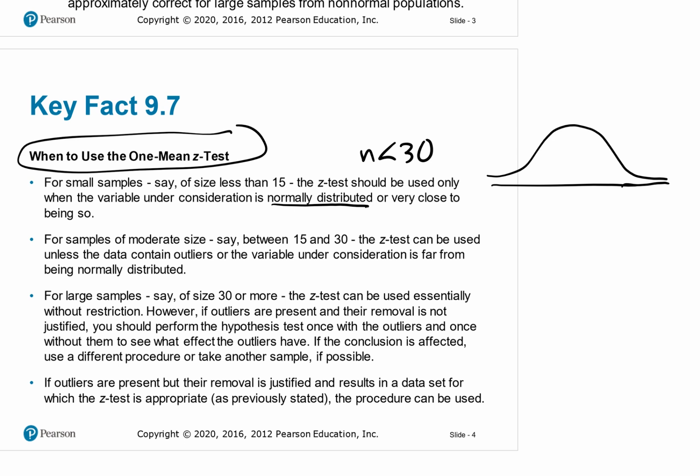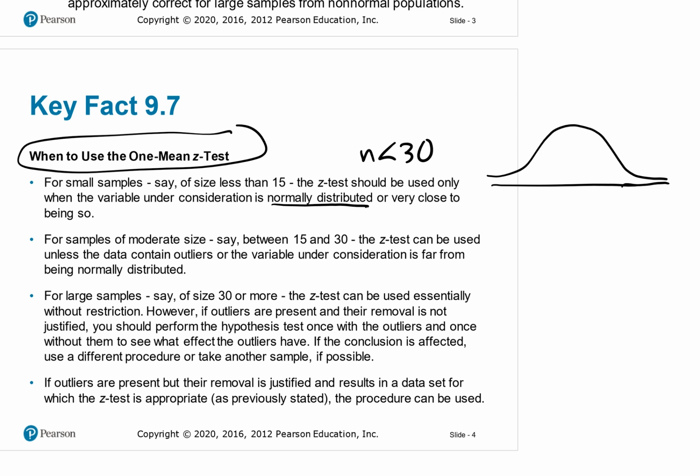However, if outliers are present and their removal is not justified, you should perform the hypothesis test once with the outlier and once without it to see what effect the outlier has. So basically you run two different tests: one where you remove the outlier, and the second while the outlier is there, and see if there's a big difference in the result.